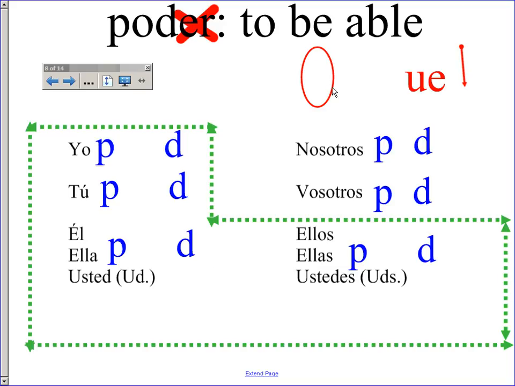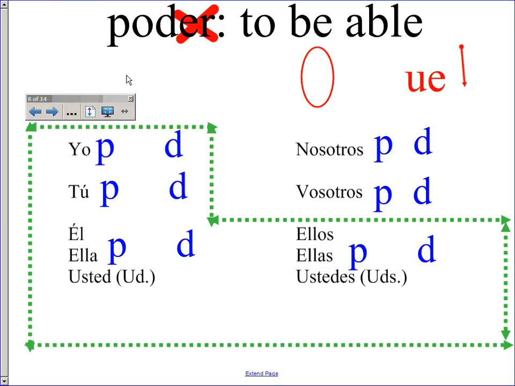Then I go back to the part I crossed off and find the first vowel. A lot of times there's only going to be one, and if it's an O, it's going to be a UE because the O is never going to change to anything else. So that O is going to be a UE in this verb.